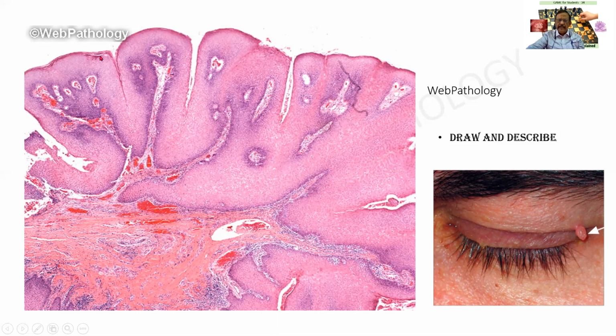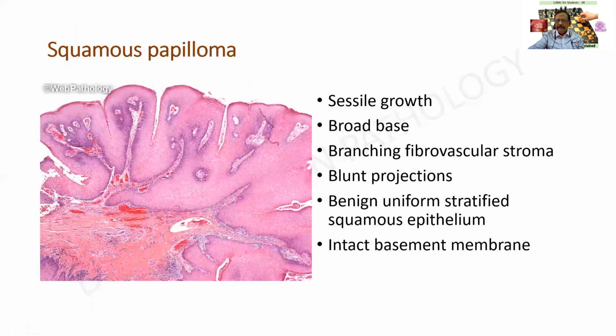And the tumor itself is again composed of broad finger-like projections. There are no areas of hemorrhage or necrosis, and the basement membrane is intact. So this is an eyelid, the skin showing a papilloma. So this is from web pathology, as is the previous picture.